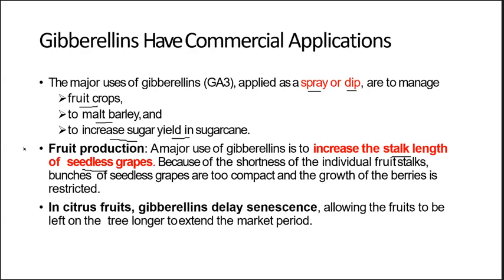Okay, so see, if this is a plant and the grapes grow here, and if the stalk length is very small, then more grapes will not be formed, because the bunch will be very compact, because of the shortness of the individual fruit stalk. The bunches of the seedless grapes are too compact and the growth of the berries will be restricted.